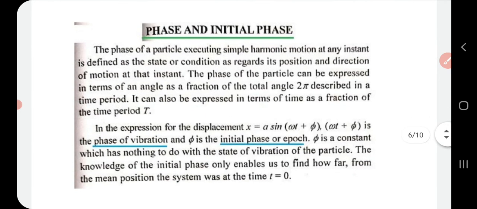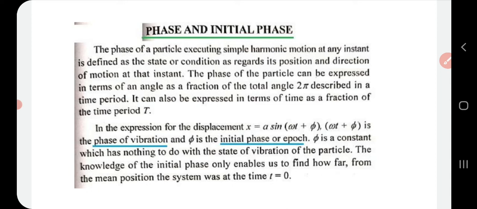Now let us see what is phase and initial phase. Phase of a particle executing simple harmonic motion at a particular instant of time is defined as the state or condition with respect to its position and direction of motion at that instant. That is, phase of a particle denotes its position and direction of motion at a particular instant of time.